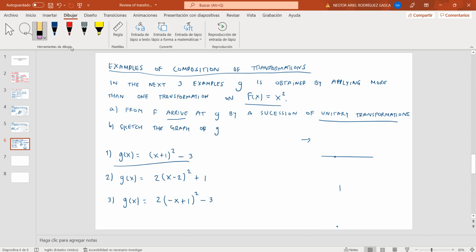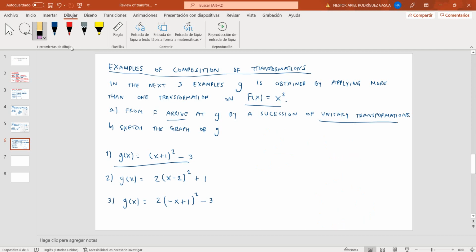Now what about the next? Let's see. Number 2, g of x equals 2 times x minus 2 squared plus 1. So it's pretty much the same as this. What we can see is that there is something being, in this case, subtracted from the input. And then we see another constant in here remaining. And then as an addition, we have a 2 multiplying this part of the function.